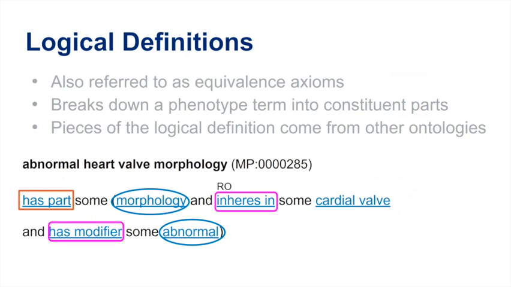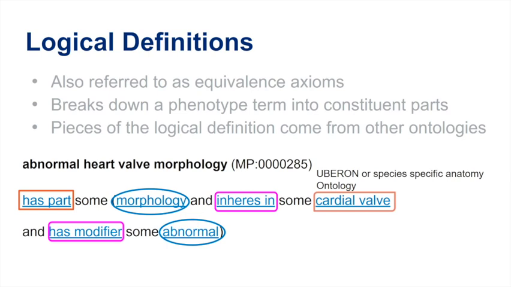And then we've pulled terms from the relationship ontology to say that this morphology inheres in something and it has this modifier, which is abnormal. And then we've pulled terms from UBERON or the mouse anatomy or the human anatomy or zebrafish anatomy or the GO or any number of other places to say what's the actual entity.